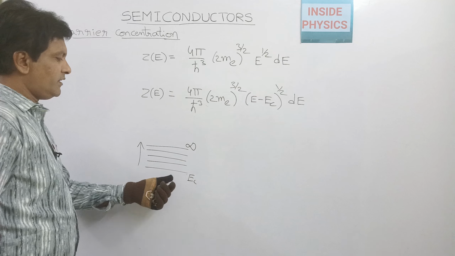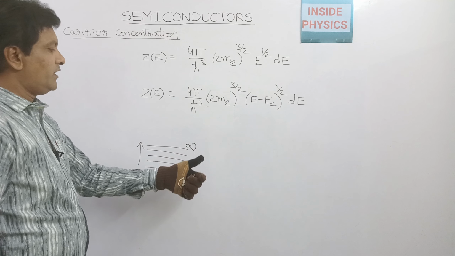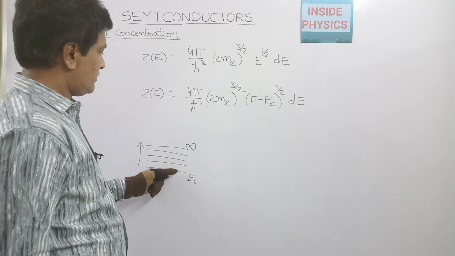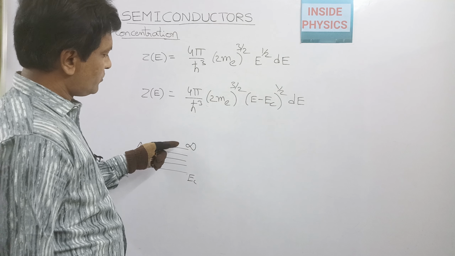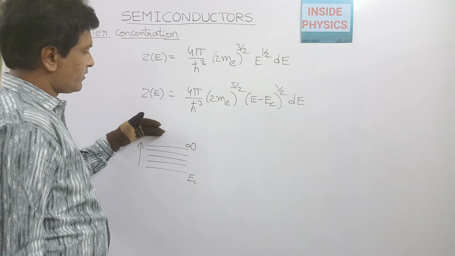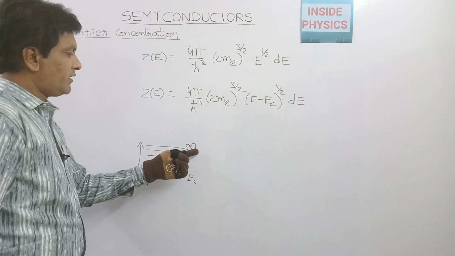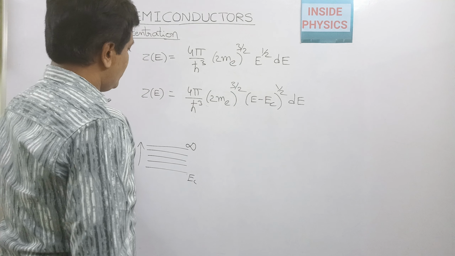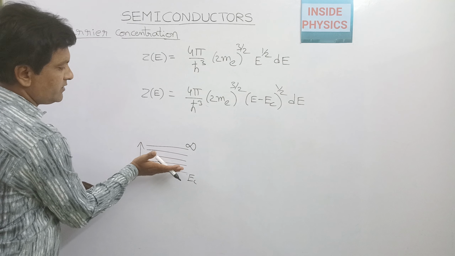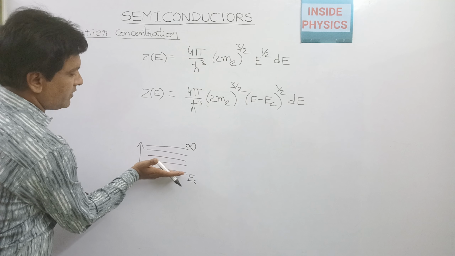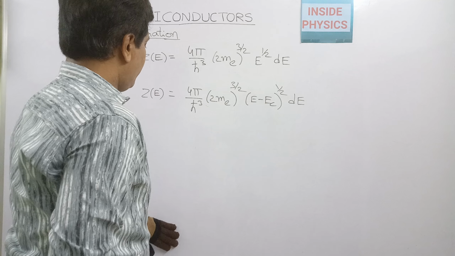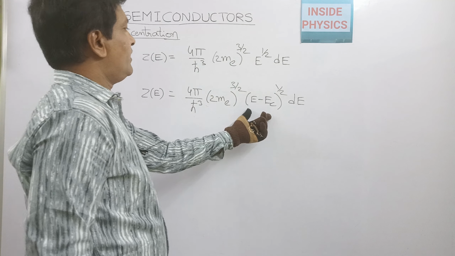So the energy varies from E_C, the potential energy of the electron at rest, moving upwards towards the upper limit, which will be taken as infinity, E_C to infinity. This is the conduction band, and the energy levels vary from the lower energy level to the upper energy level. In that way we have the limits.